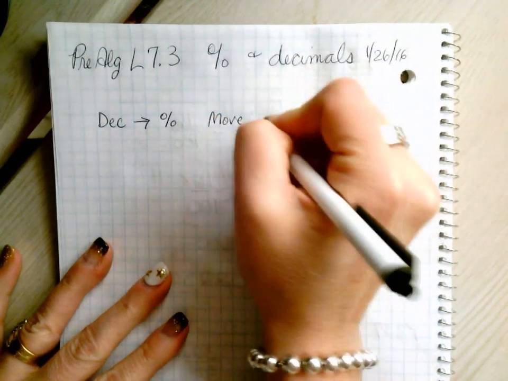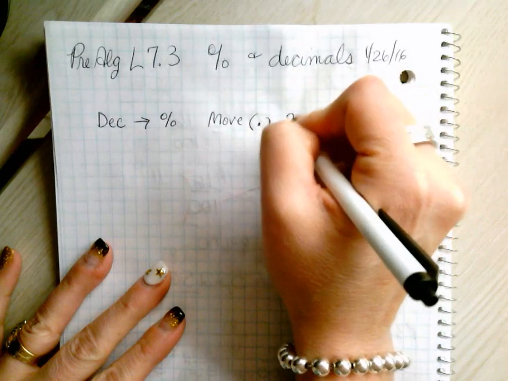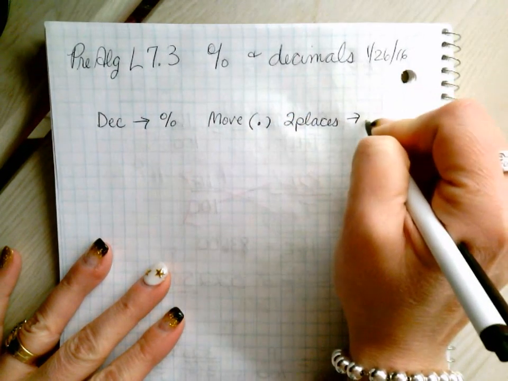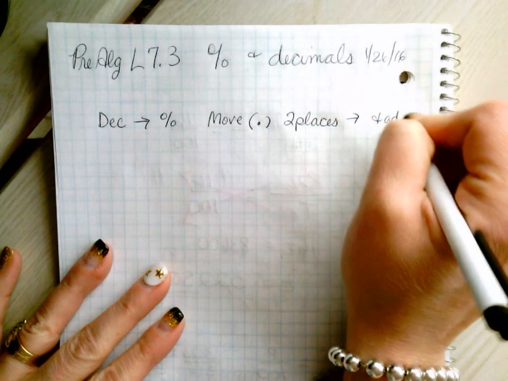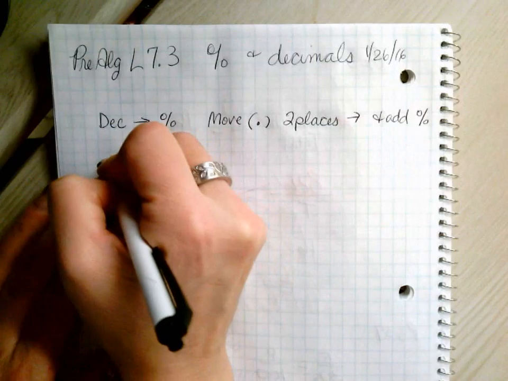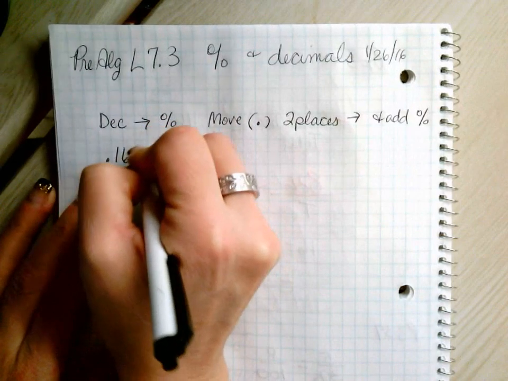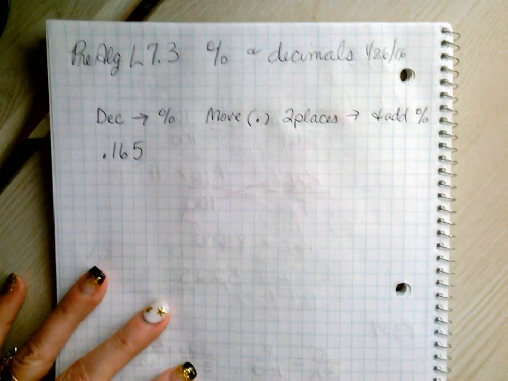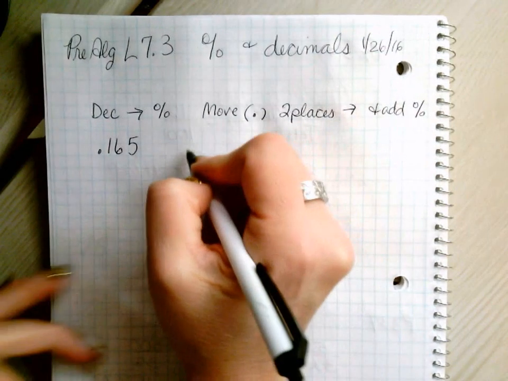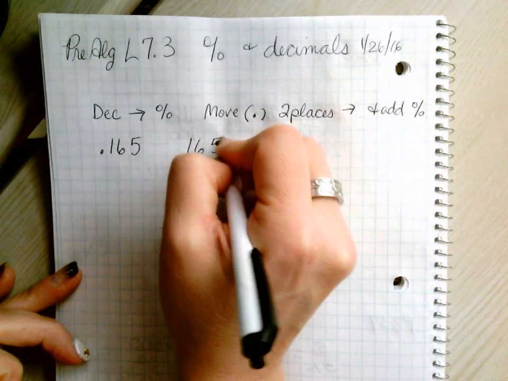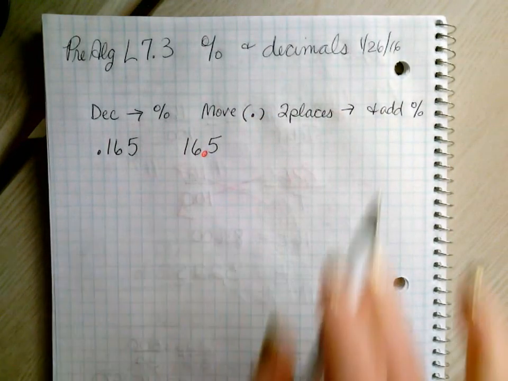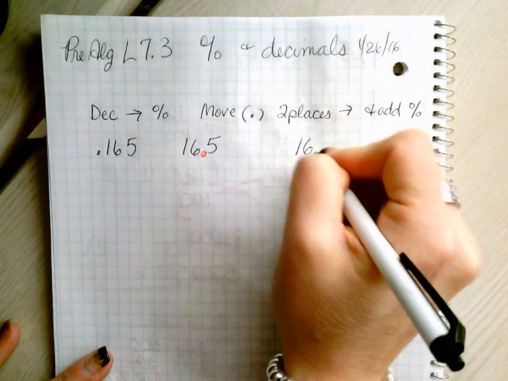So move the decimal 2 places right and add the symbol. Okay? So let's say I've got something like this. I'm going to use this one for a specific reason. Move my decimal 2 positions to the right, which places it here, and then add the symbol.